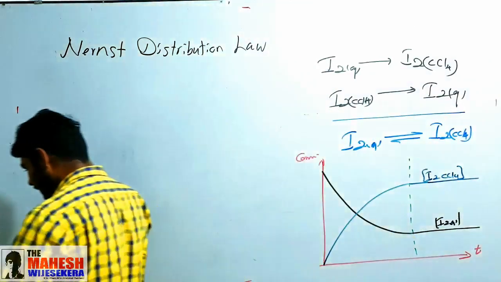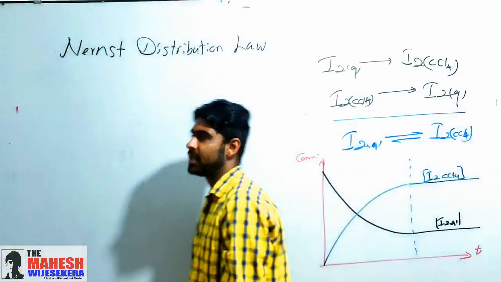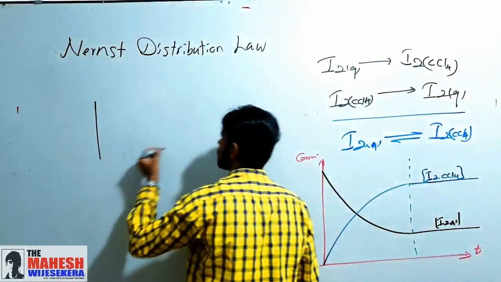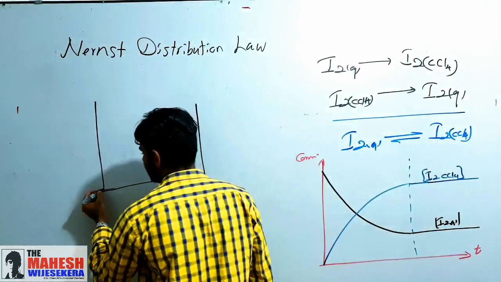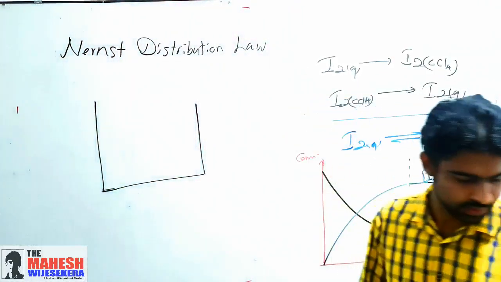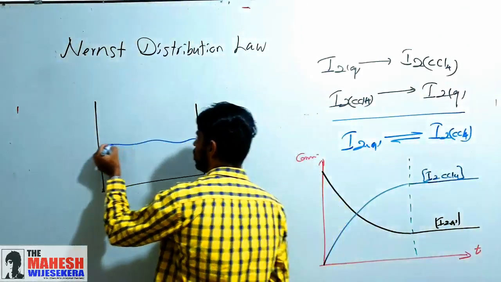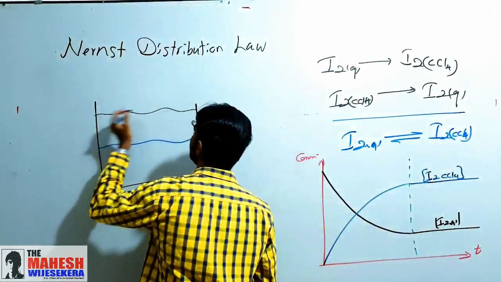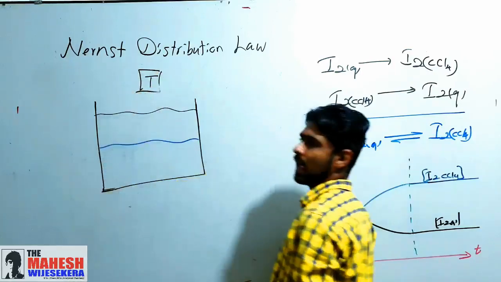Now what this Nernst distribution law says, when you have a common solute dissolved and distributed in between two immiscible solvents at constant temperature, right?